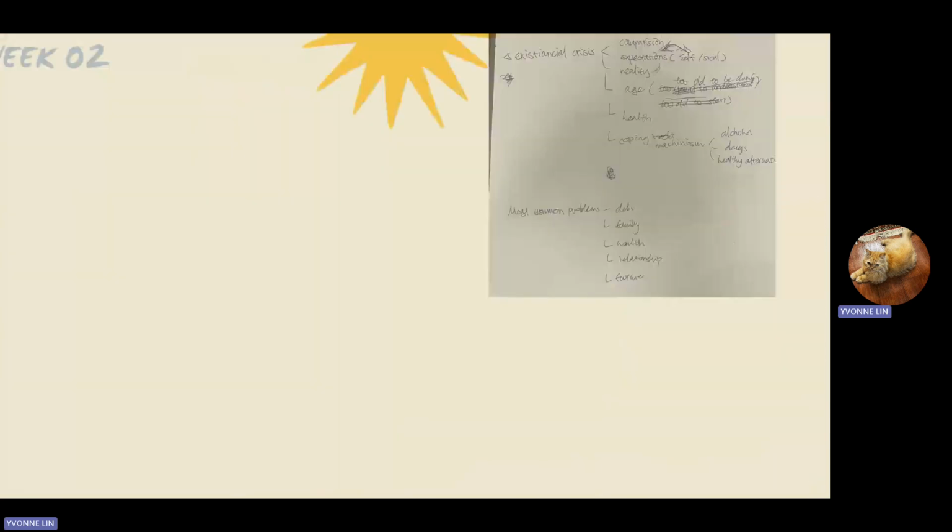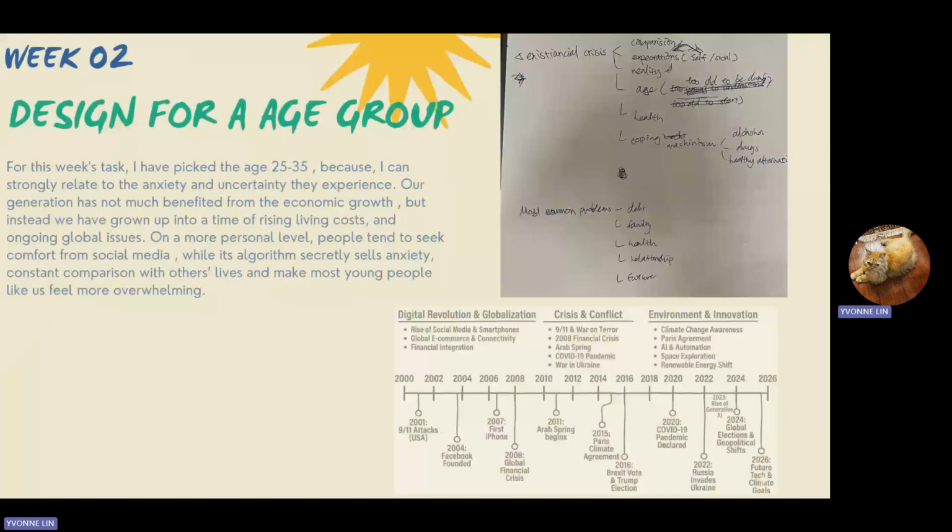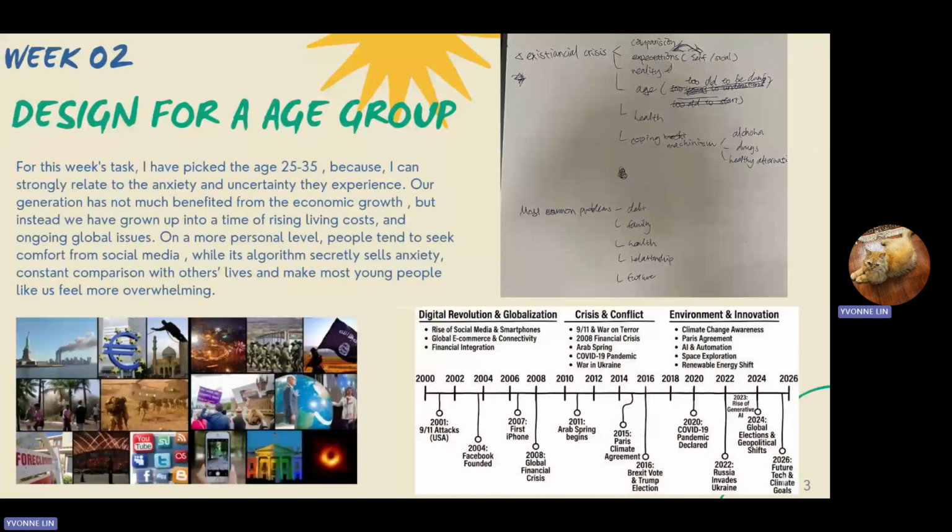For my first project, I focus on people between age 25 and 35. Through my research, I found that many people within this age group face financial pressure, uncertainty about the future, and concerns about personal success. As a result, many turn to social media for comfort or distraction.